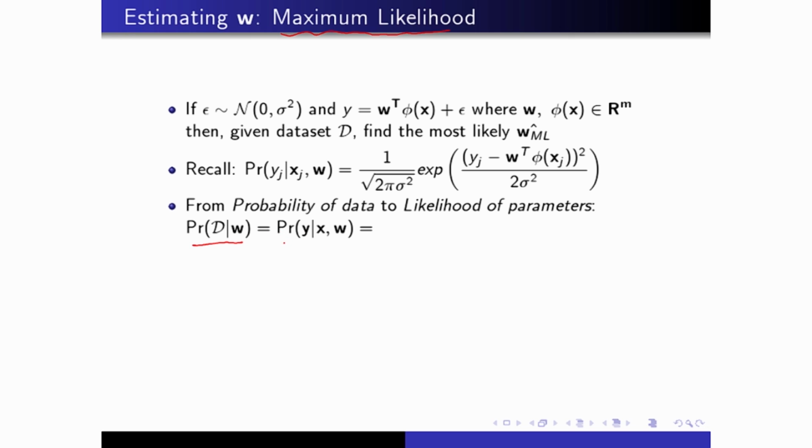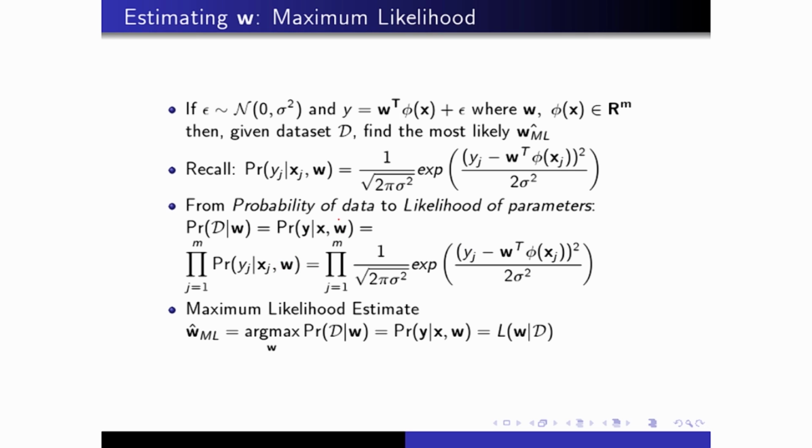It's a conditional probability of the output variables y1, y2, yj, ym given the inputs x1 to xm. So this is the probability of having seen the data given the weights. And I just substituted the expression for the normal distribution of yj given xj.